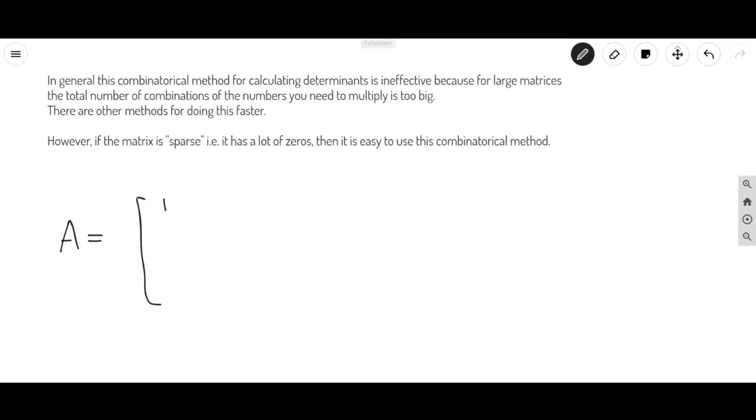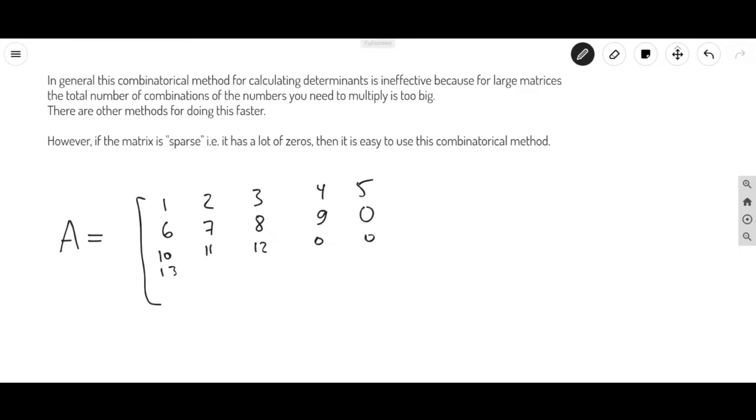So let's look at this. 1, 2, 3, 4, 5. That's the first row. The second row is going to be 6, 7, 8, 9, and let's make this a 0. And then 10, 11, 12, 0, 0.